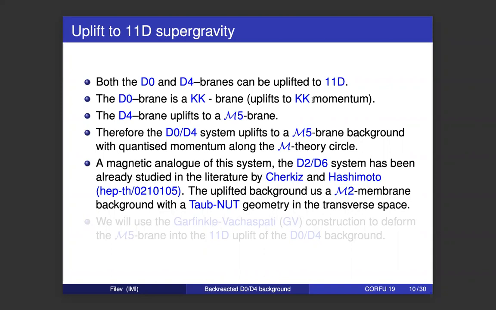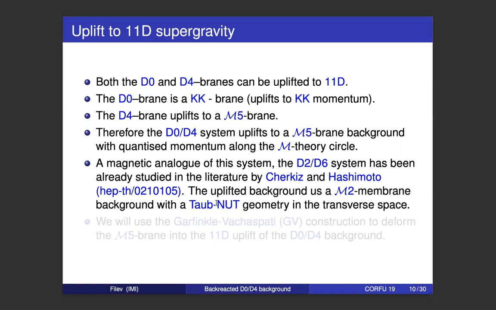So it is known that the D6 brane uplifts to an 11-dimensional background, which in the transverse space has Taub-NUT geometry. And what they did was they said, well, let me then take the M2 brane geometry and put in the transverse space Taub-NUT. That's all.